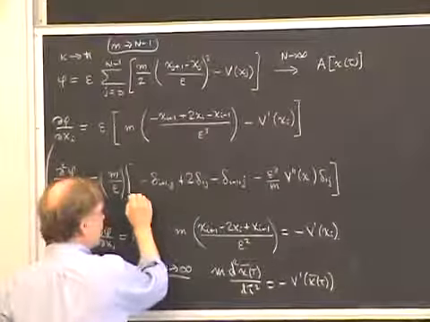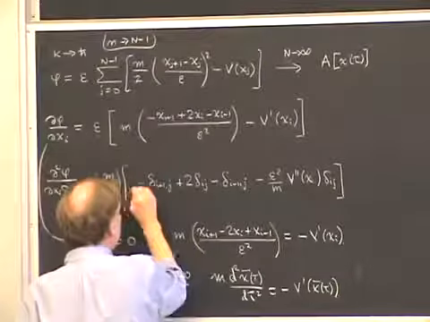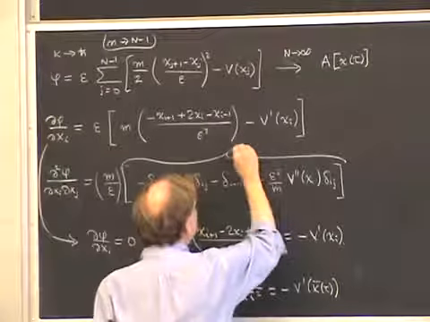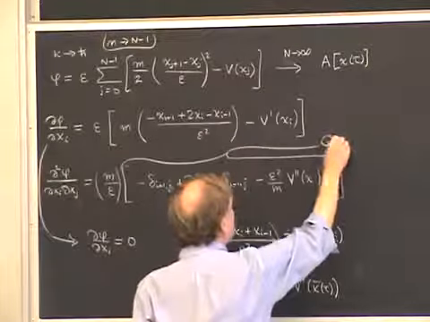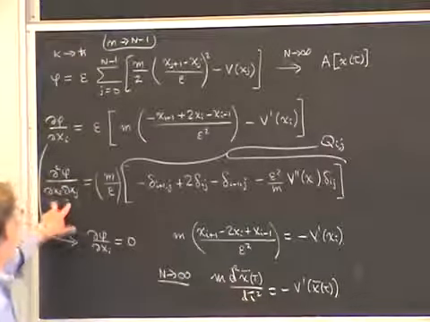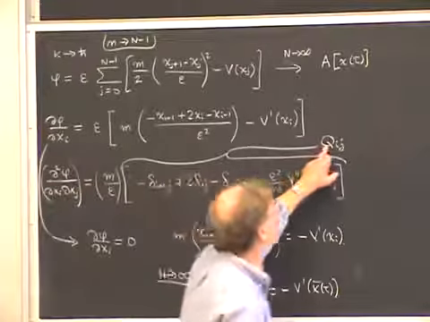To give this thing in the square brackets a name, since I have a little room here, let me call this Q_ij. This is the matrix Q. In effect, the second derivatives of phi are equal to a constant, m over epsilon, times Q_ij.